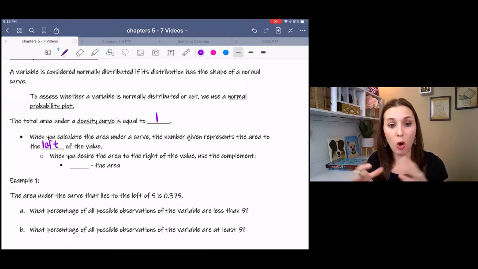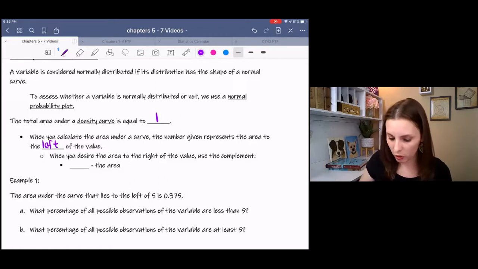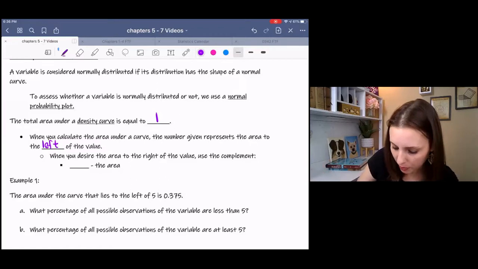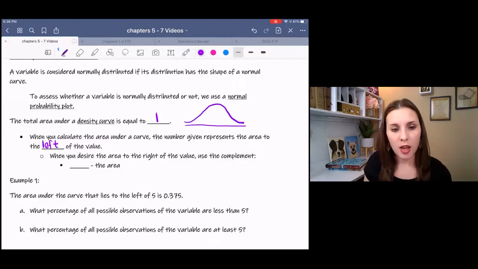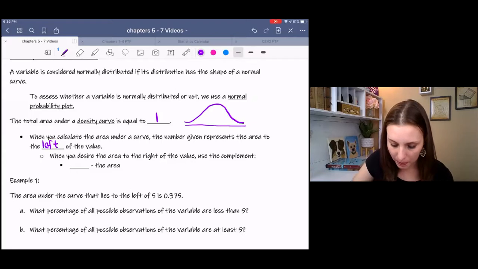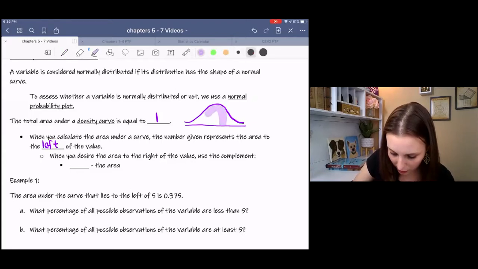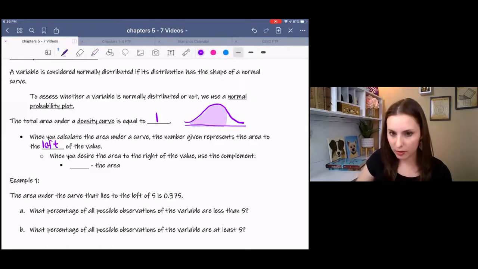And if the whole area is 1, I'll draw a picture. I'll show you. So we have this normal curve. Mine's a rough sketch. And we'll say we want to find the area to the left of this value, whatever it is. And let's say we don't want to find that.